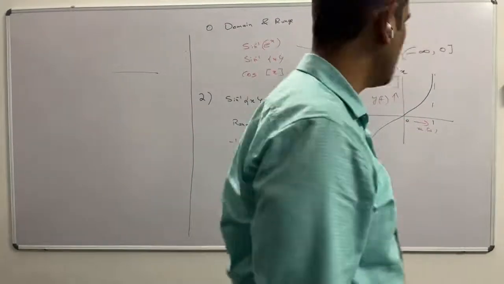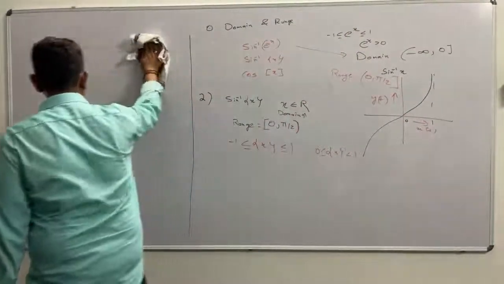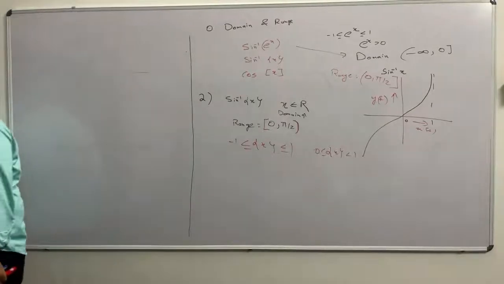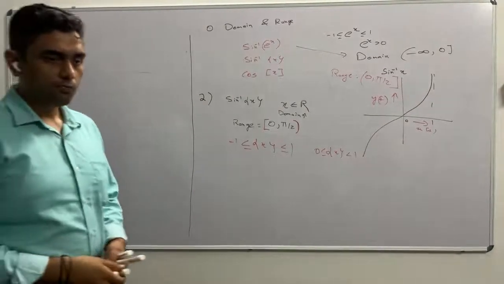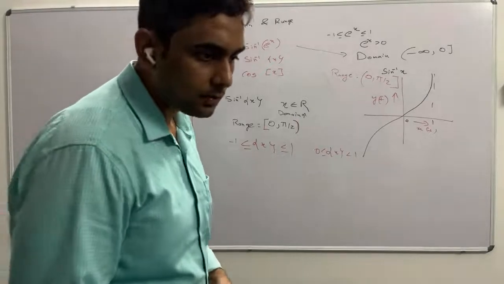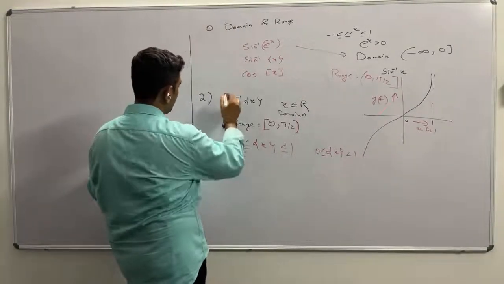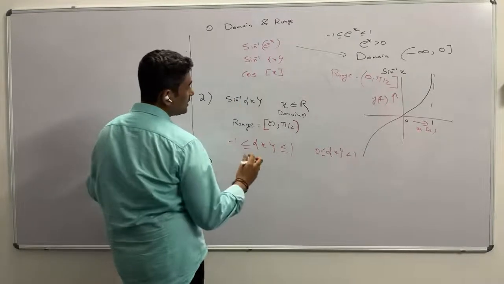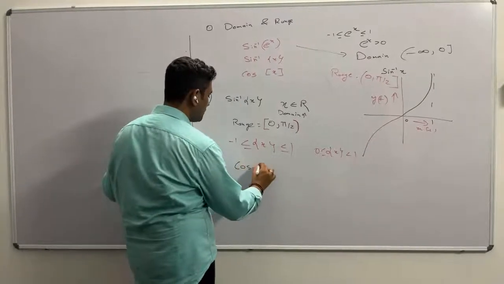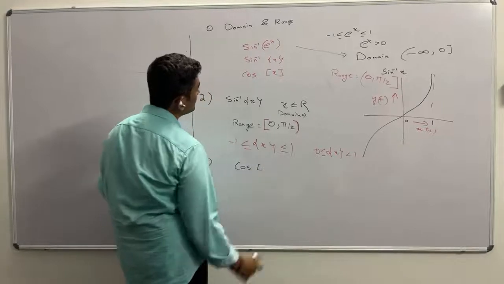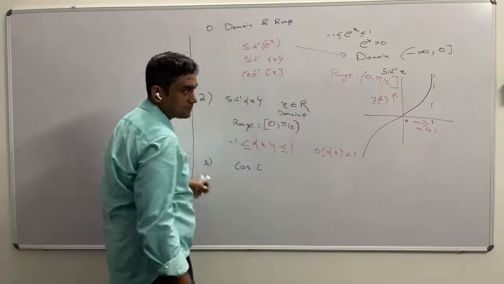Yes. So in the third one, when we talk about the domain, because we are getting cos of, okay, wait a second, I think I gave you the wrong question. It should be cos inverse.